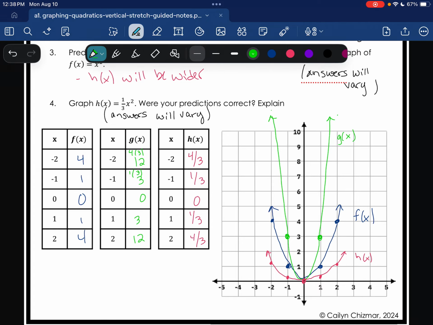Whatever happens with A affects our y coordinates. Did you notice that? So when A was bigger than 1, and we're talking about a positive number, so maybe we'll do absolute value, when A was bigger than 1, what happened here? Well, our y values grew. So we're going to call that a vertical stretch, or you may hear it called a dilation.